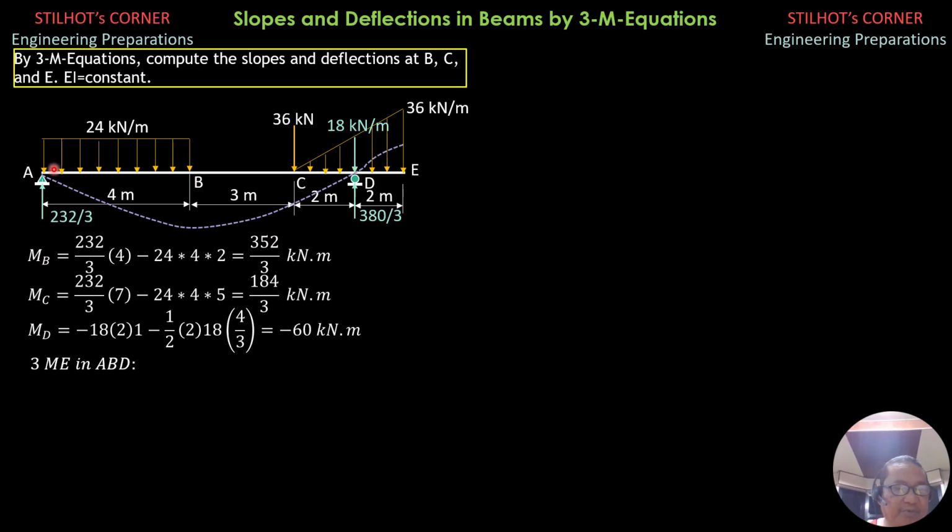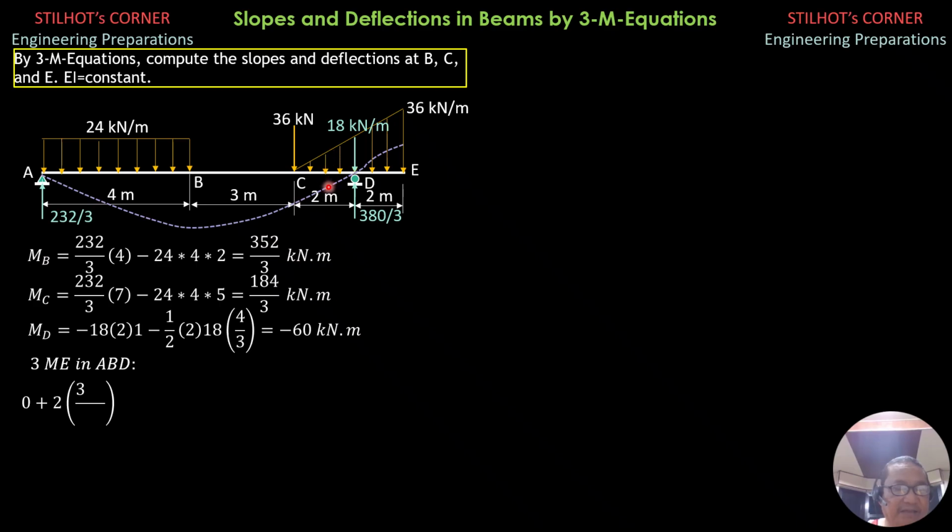So three moment equation: moment at A is 0 plus 2 times MB quantity 4 plus 5, plus moment at D, which is negative 60 times 5, plus 6 area 1A over L1, and that's using the direct formula, W 24 times 4 cubed over 4, plus 6 area 2B over L2 consists of this 36 kilonewton load and this triangular loading, and we do that by integration.